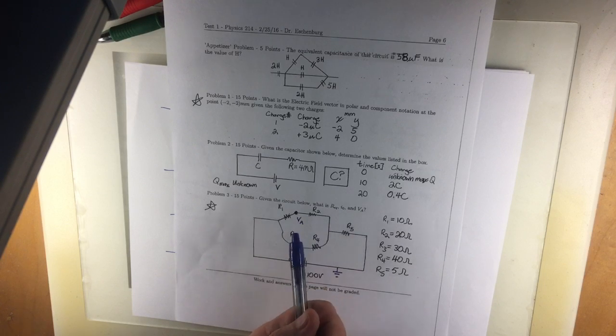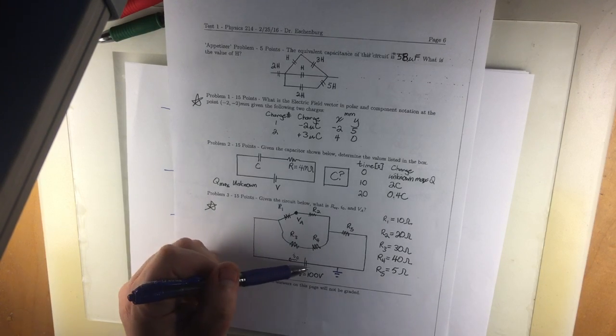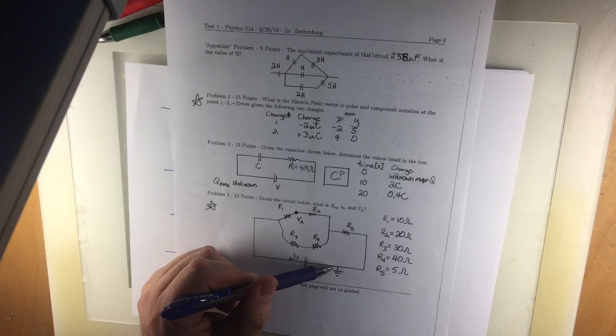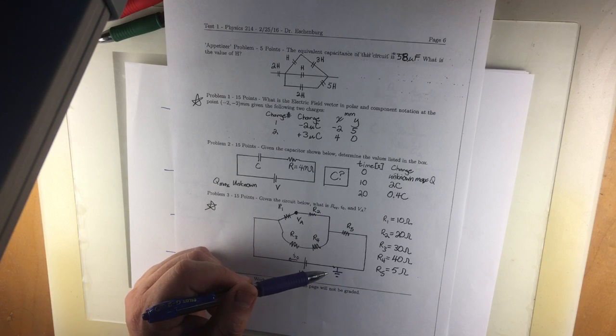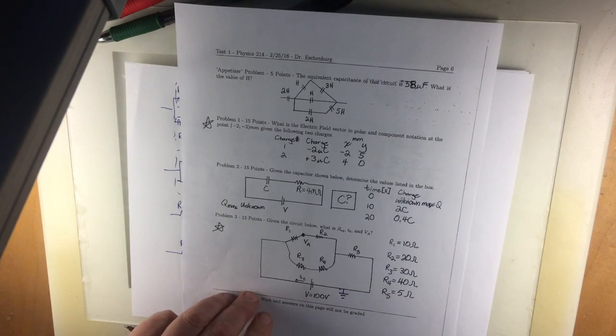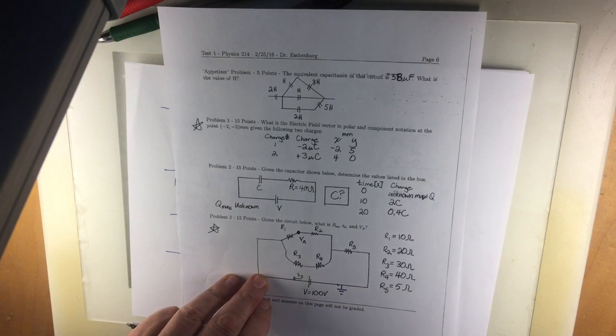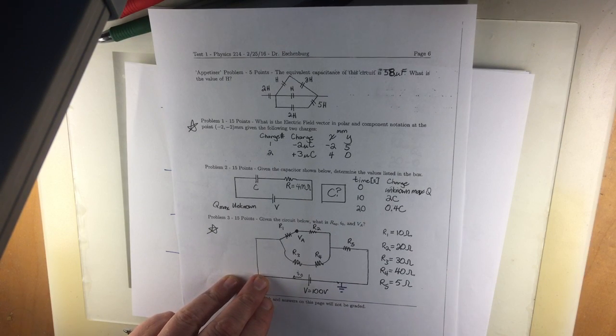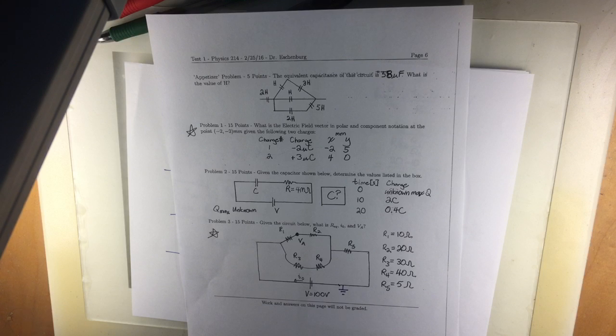It would affect VA where you put the ground, but never on a test before have I put the ground anywhere other than there, and I have no intention of changing that anytime soon. I would say if it's not drawn there, assume that the ground is the bottom of the battery.